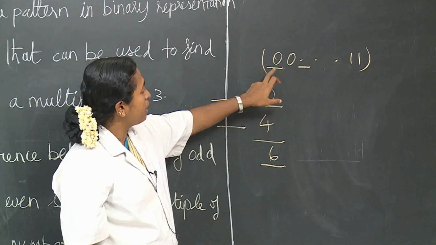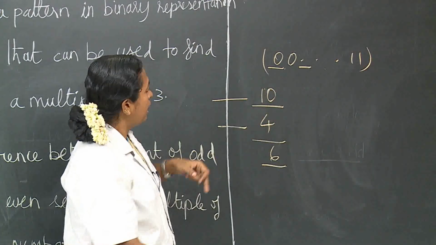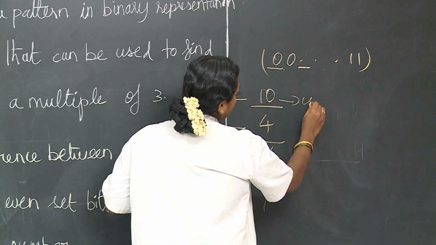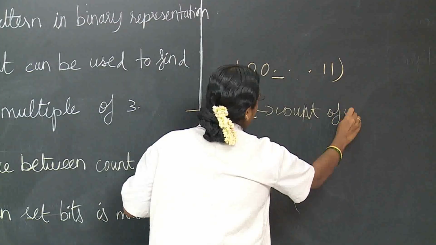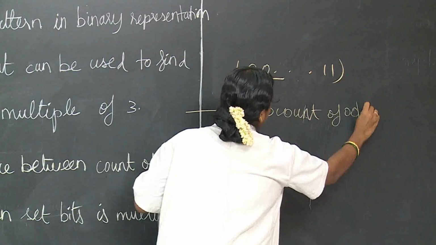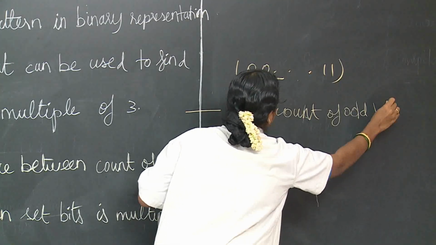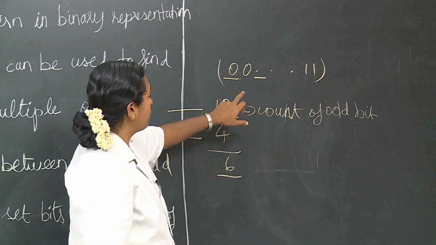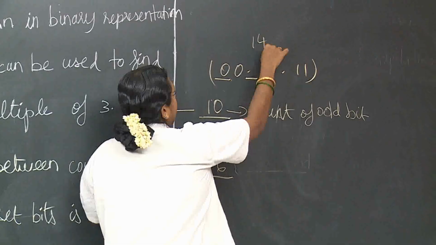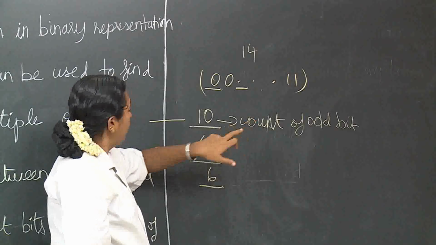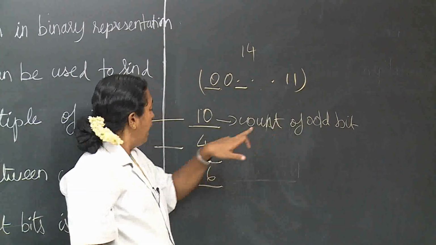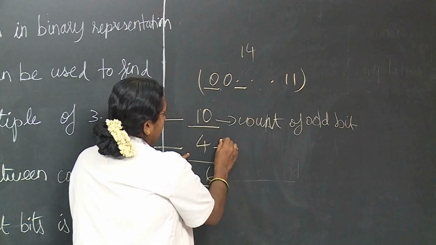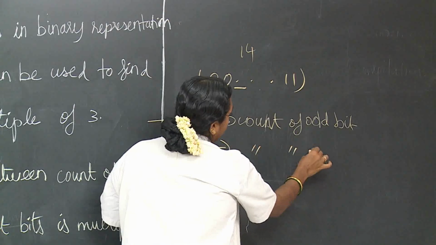Here I am taking one example. Altogether there will be 14 binary digits, that is 0 and 1. In this, 10 are the count of odd bits and 4 are the count of even bits.